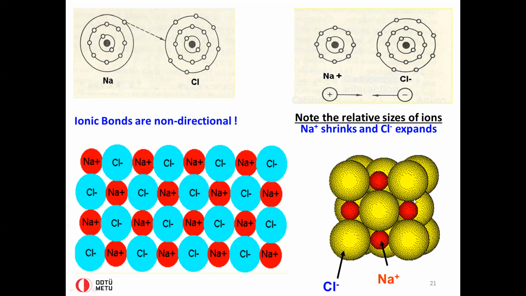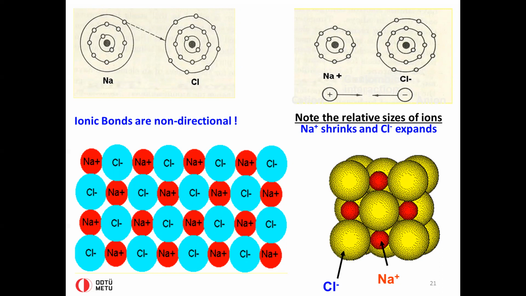So due to symmetry, if you were to grow this structure in all three dimensions, you would see that each ion, yellow ion, would be surrounded by 6 red ions, and each red ion would be surrounded by 1, 2, 3, 4, 5, 6 yellow ions.